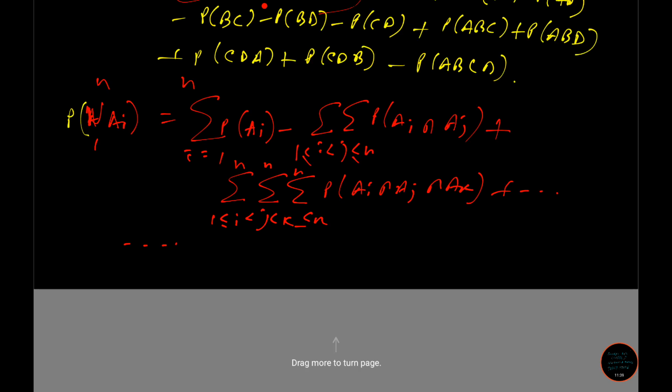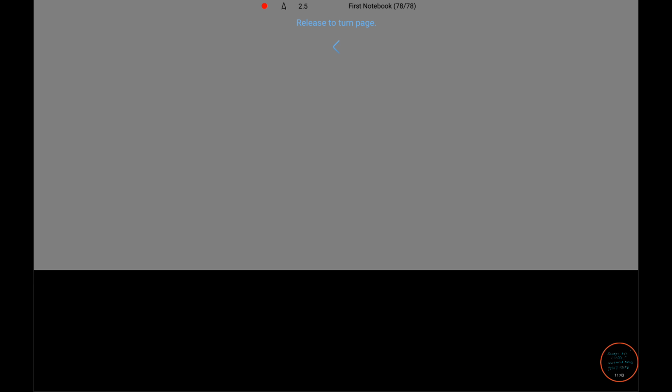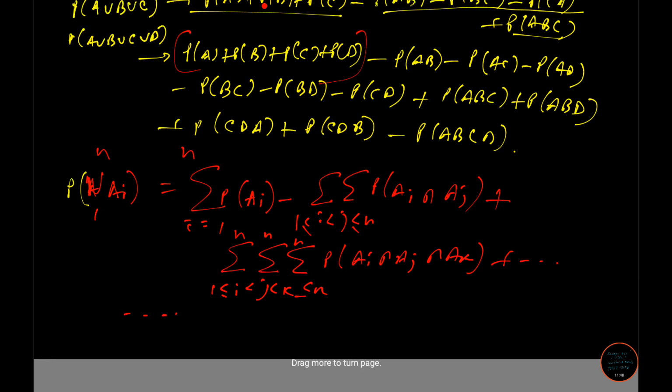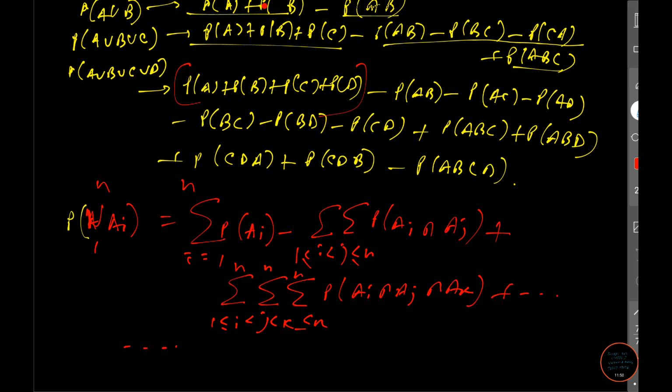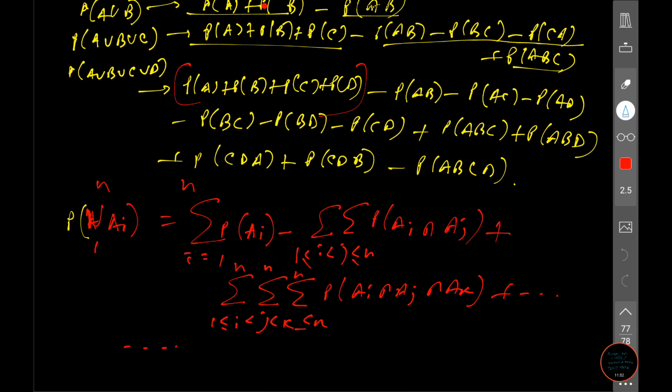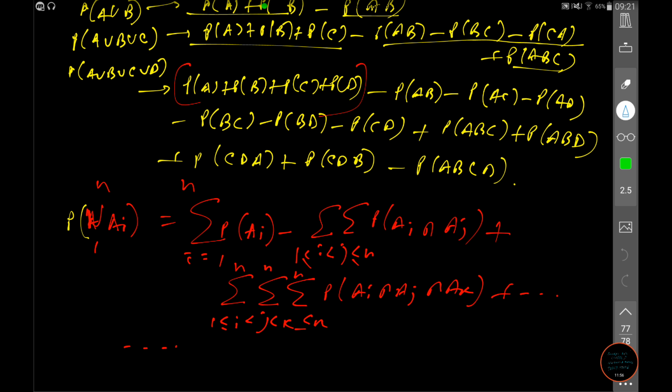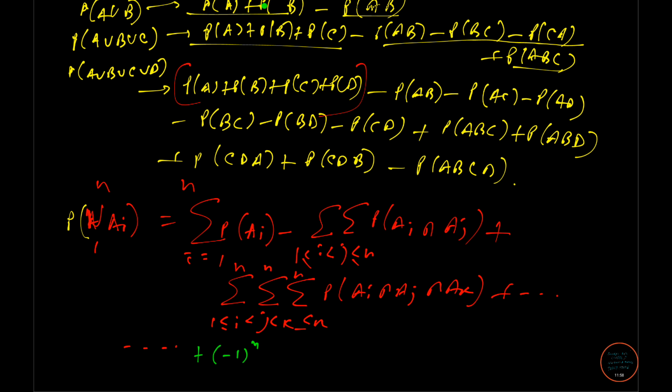And lastly we will get that the last term is really important. The last term is minus 1 whole to the power n minus 1 into P of A1 intersection A2 dot dot dot An.